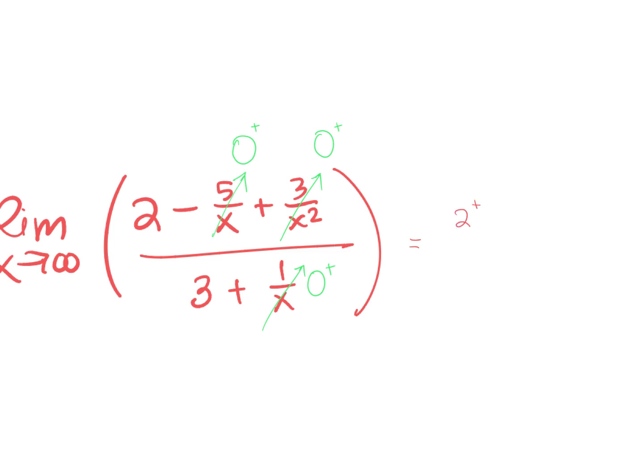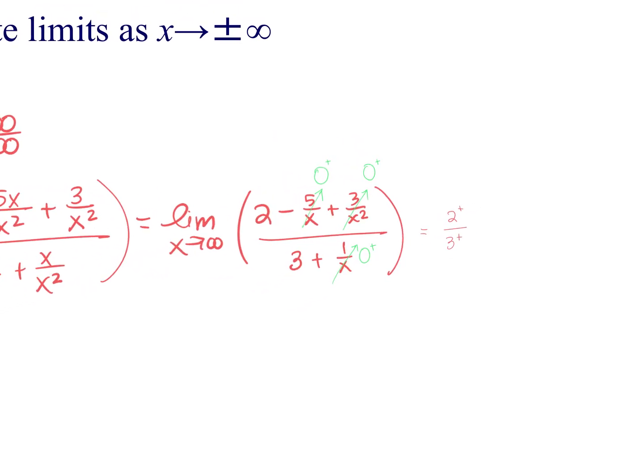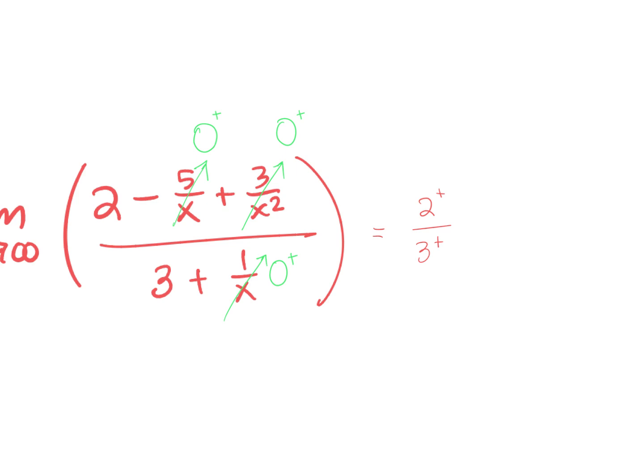So 2 plus over 3 plus. Okay, any questions on that one? And we would do something similar for, actually it's going to be just 2 because the, shoot, I can't erase it anymore. The 0 plus is minus, yeah.